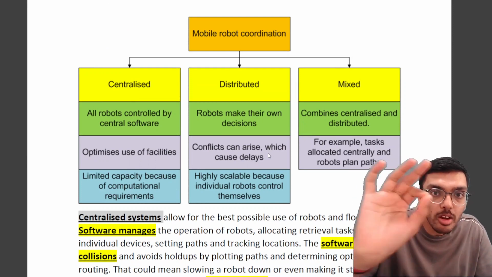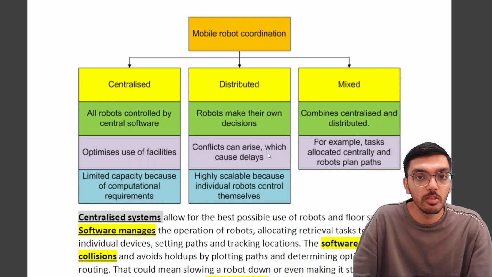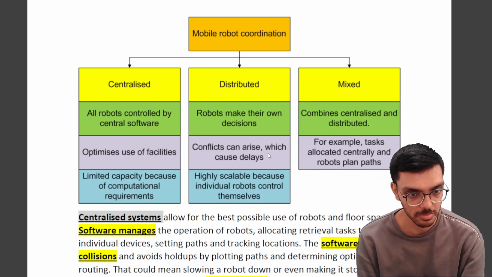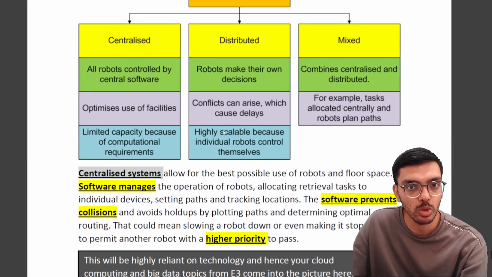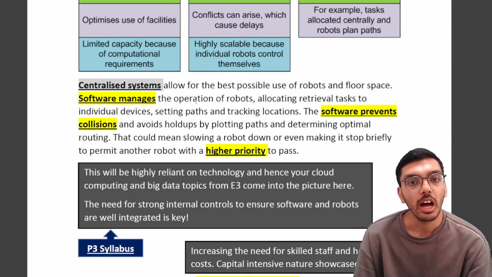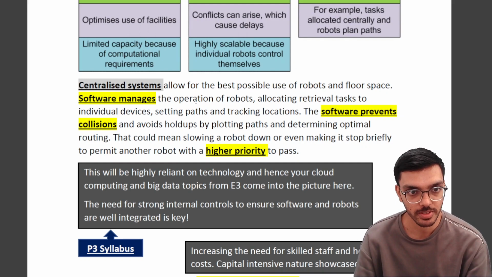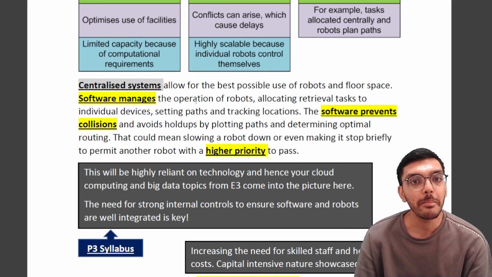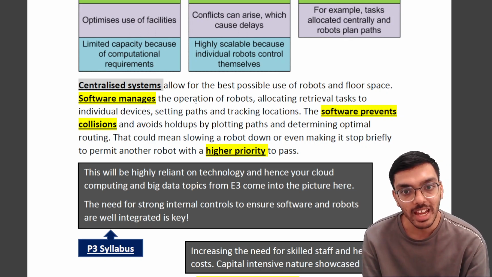But mobile robot coordination can be of three types. First, centralized system. Let's look at the text first, then we'll come back to this image. So centralized systems allow for the best possible use of robots and floor space. Software manages the operation of robots, allocating retrieval tasks to individual devices, setting paths and tracking locations.